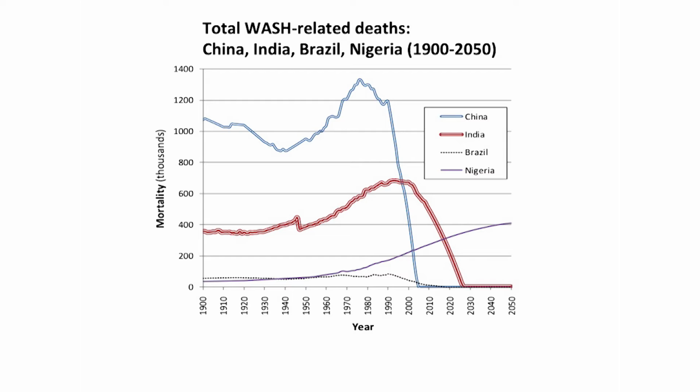Similarly, the number of WASH-related deaths in Brazil is now very low. The number of deaths in India is much higher, but is also trending strongly down over the next couple of decades. In Nigeria, however, the number of WASH-related deaths is actually forecast to rise through the forecast period due to high population growth and the low baseline levels of piped water coverage.